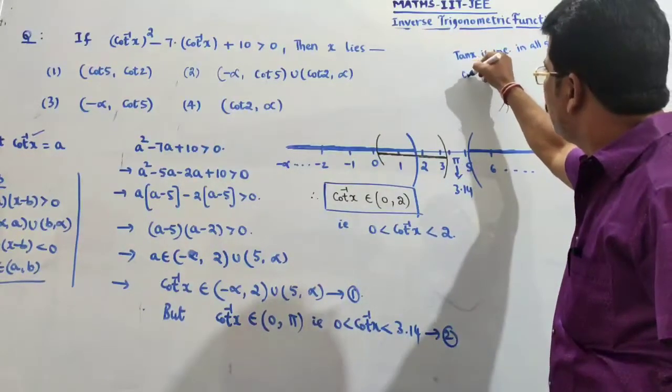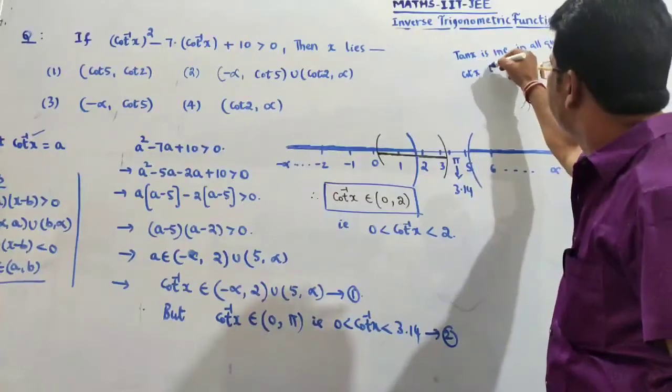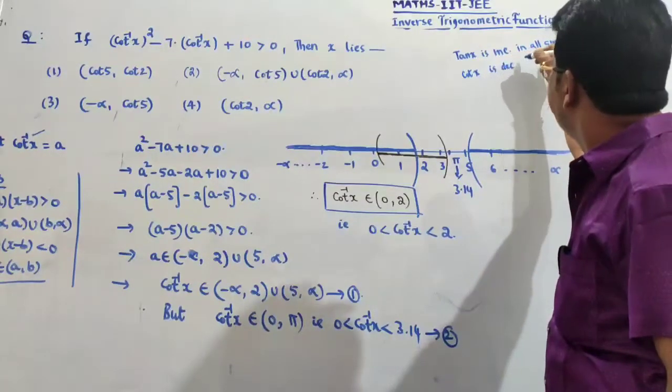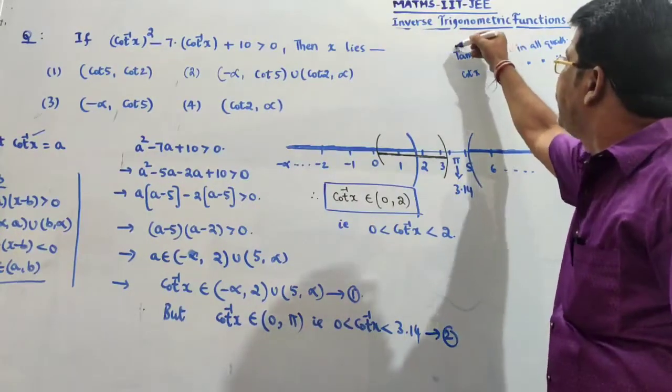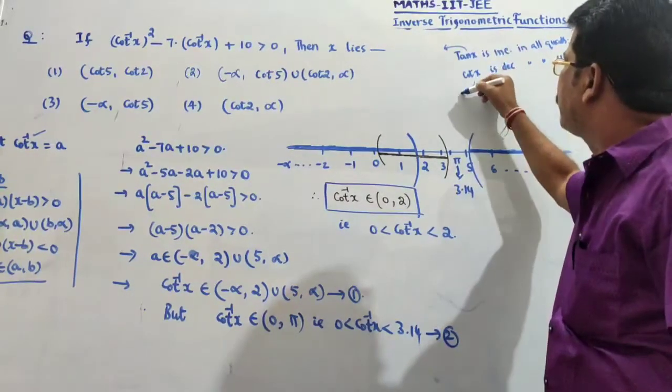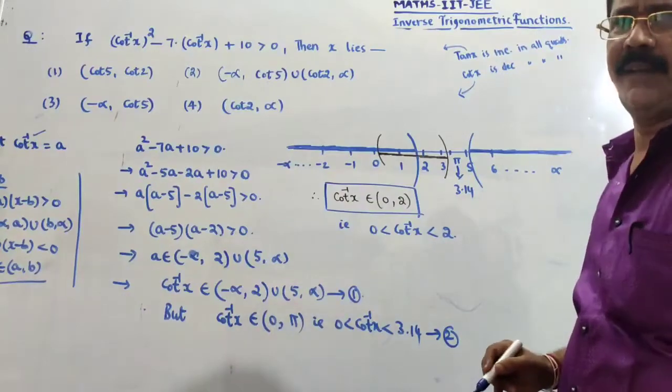So its reciprocal cot x is decreasing in all quadrants. Similarly, tan inverse x is increasing, cot inverse x is decreasing.